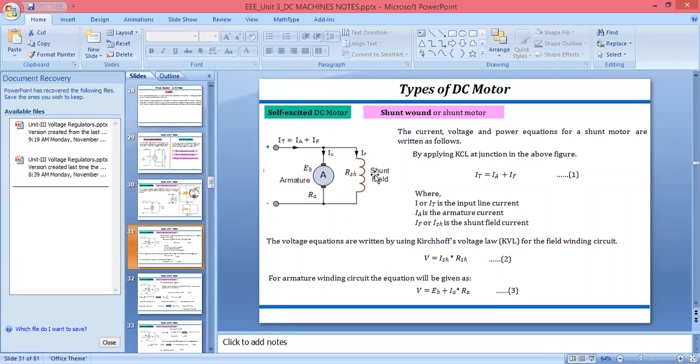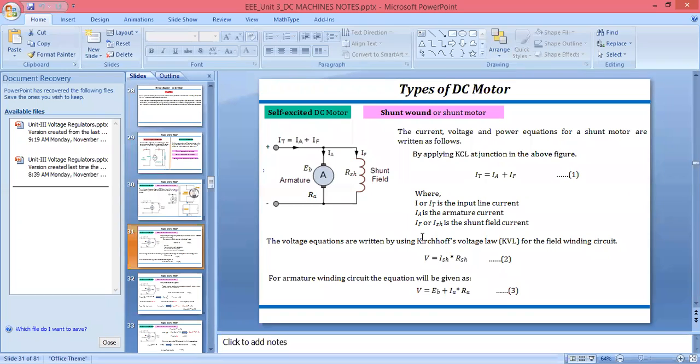IA is nothing but the current flowing through the armature. IF is nothing but the field current or field winding current. We call that field winding a shunt winding, so we can say that current is the shunt current. You can say shunt current, field current, or parallel current.